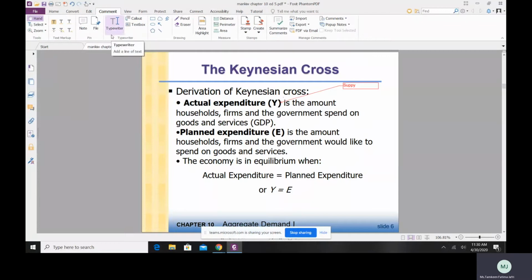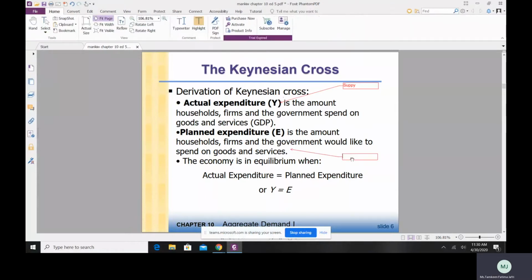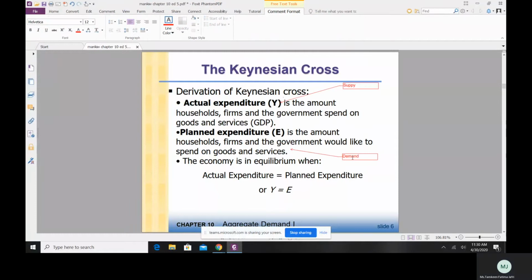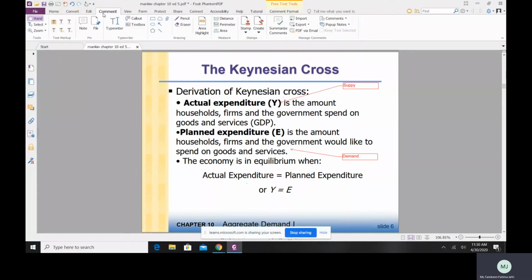The amount that you want to spend, which you are planning to spend on goods and services. So remember that planned expenditure is actually the demand for goods and services. The economy is going to be in equilibrium when the actual expenditure, or the supply of goods and services, is equal to the planned expenditure, which is the demand for goods and services.